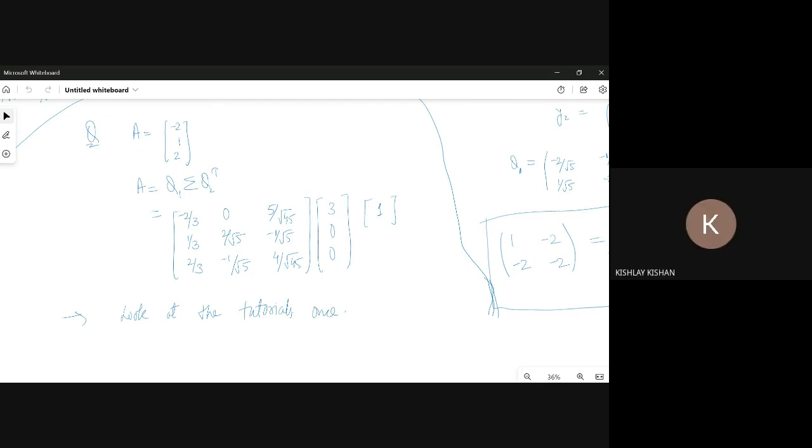Ma'am, please check my doubt also, so that we can discuss. The doubt was about the Hermitian matrix property. To decompose any matrix with the spectral theorem or Schur, is the condition that the matrix should be symmetric?